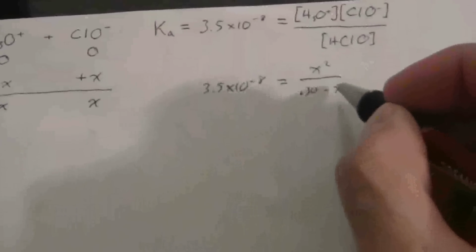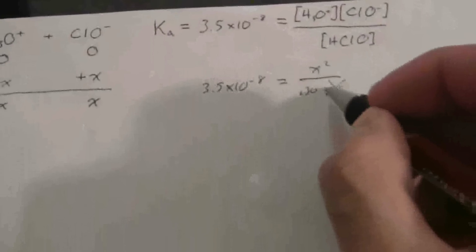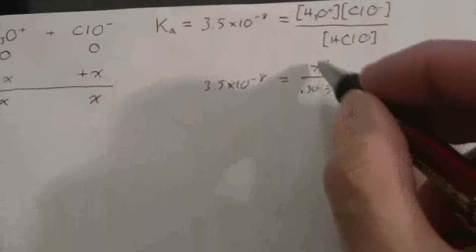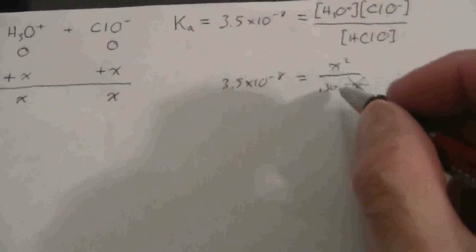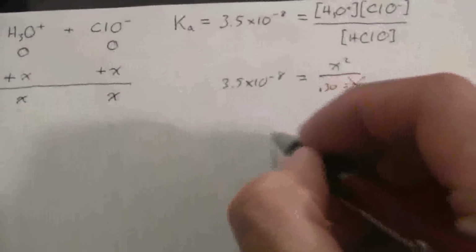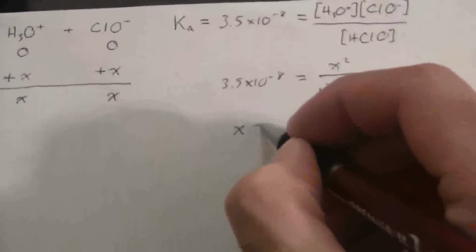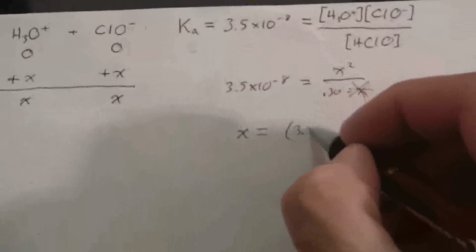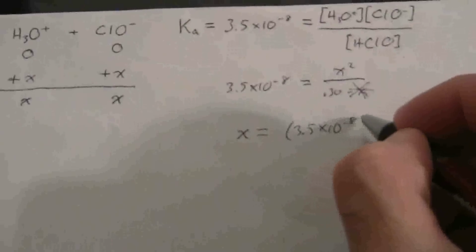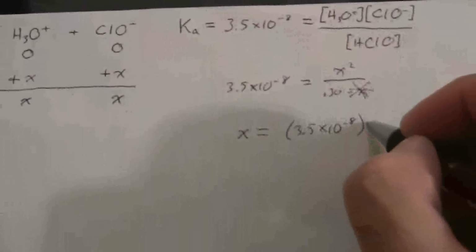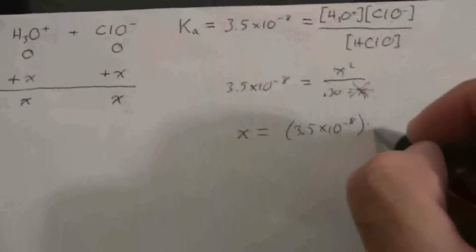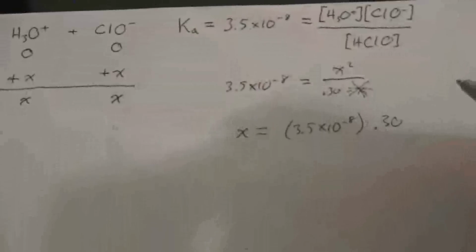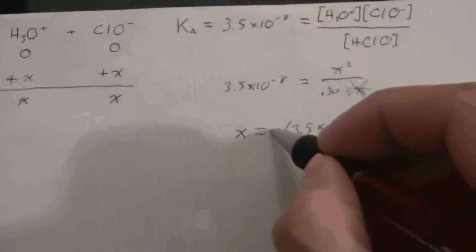So we can just ignore that. Then we can reduce this down to x equals 3.5 times 10 to the minus 8th times 0.30, and then we're going to take the square root of that.